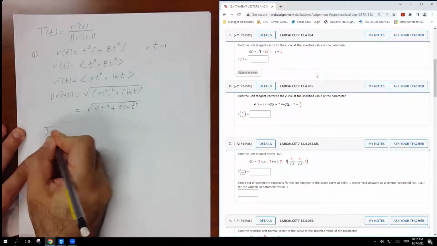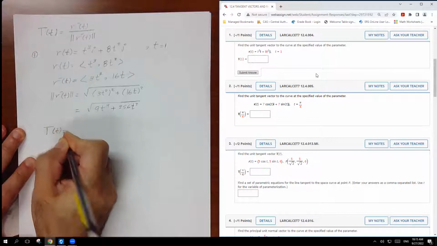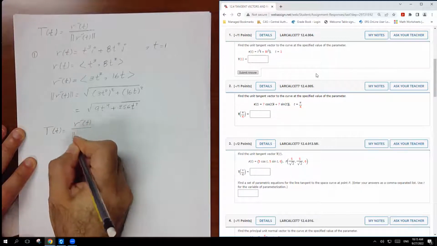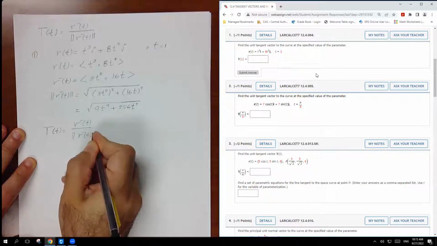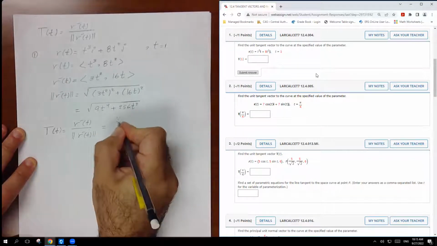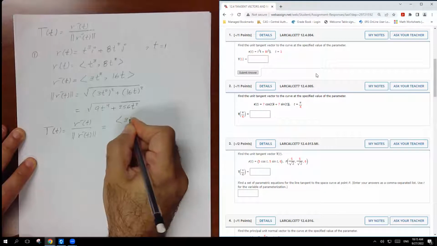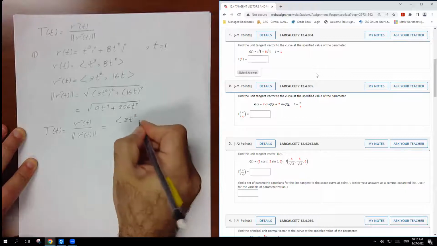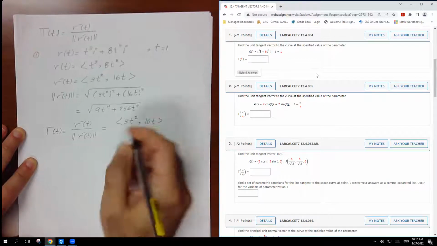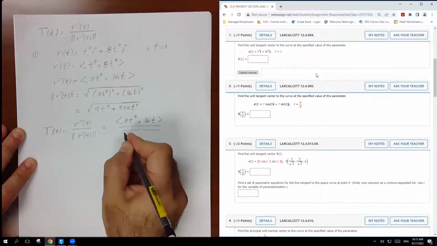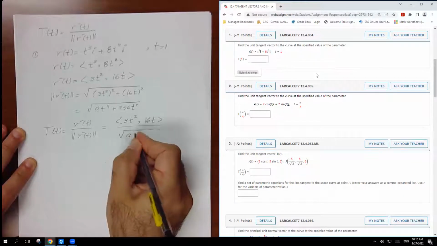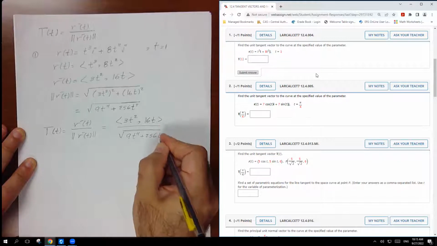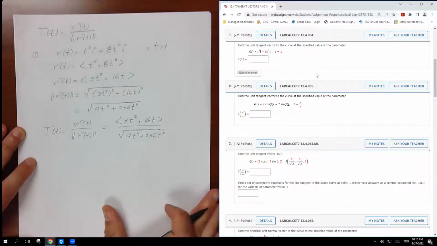That means the unit tangent vector with respect to t is going to be r prime of t over the length of r prime of t, which is equal to 3t squared and 16t over the square root of 9t to the power 4 plus 256t squared.